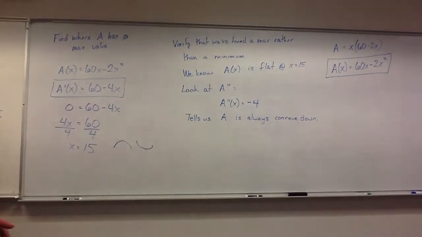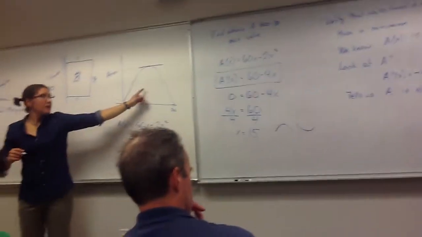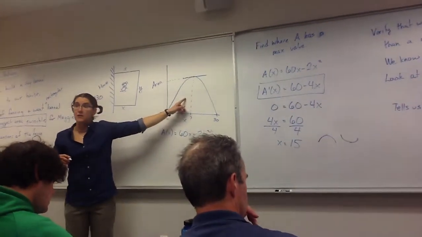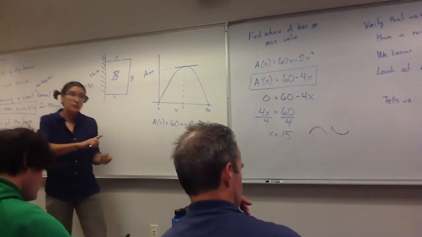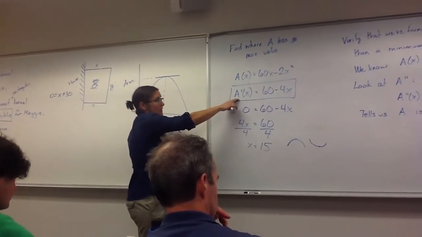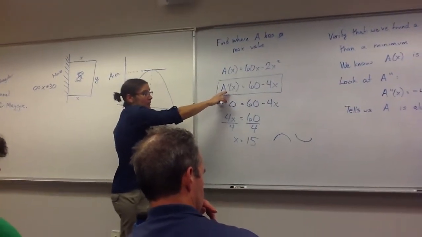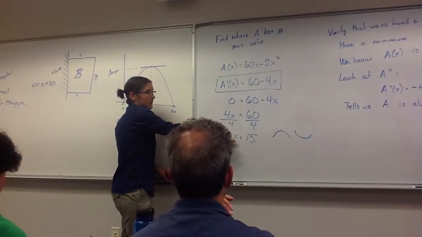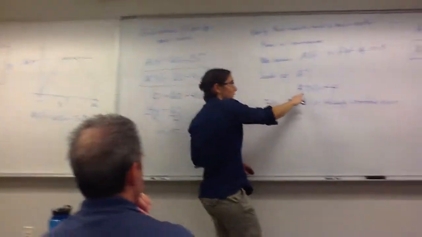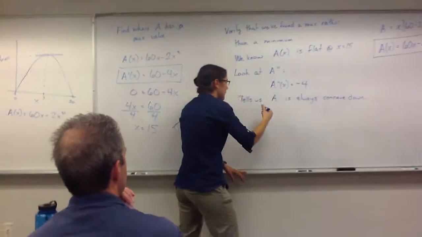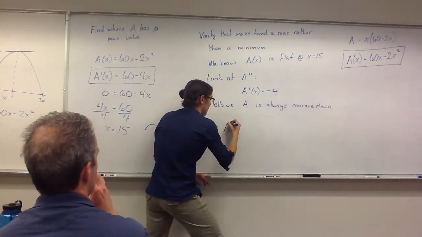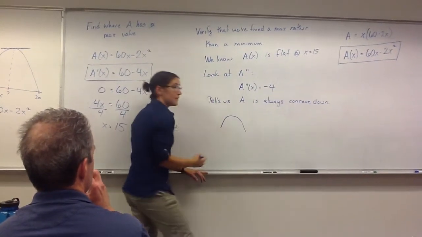So without this picture, even if I don't have this picture on my graphing calculator, my information about f prime, or A prime in this case, A prime is equal to 0 at x equals 15, A double prime is negative, tells me that my graph looks something like this.